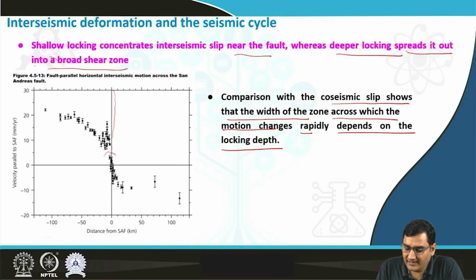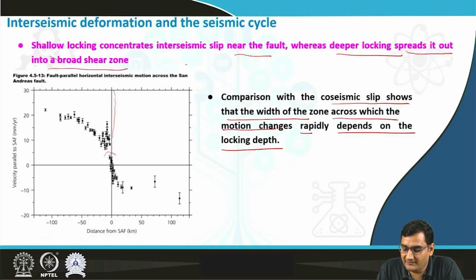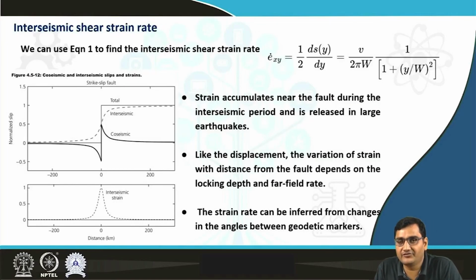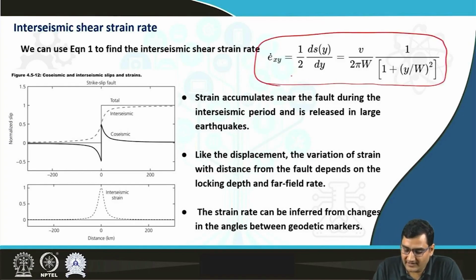Now if we take the derivative of this particular deformation or displacement, then we can find the strain rate, that is Exy dot, and that will be given by this particular formula. So if, in graphical form, we put both the graphs of the displacement and the strain rate together, then we can make a certain analogy or relationship between them.